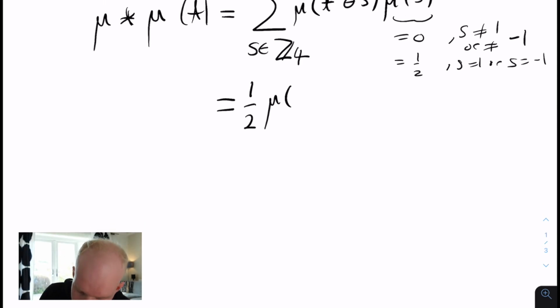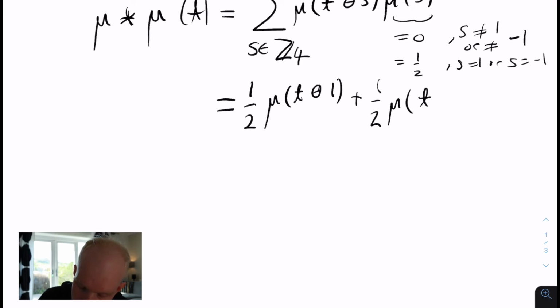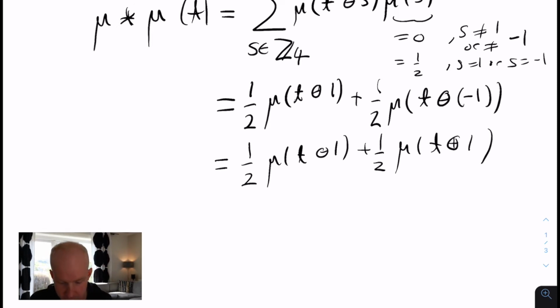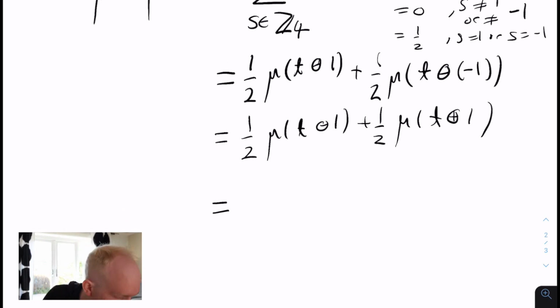So that's why you get the point t, and then the first point is, let's say, minus 1, and then you have a half mu(t minus 1), which, if you translate this into the language we have, is half of mu(t minus 1) plus half of mu(t plus 1). That's the convolution that you get, and you can actually compute these numbers. If you open this up with the definition, this point is taking the Dirac mass at the point half.